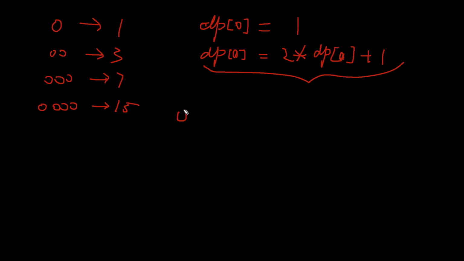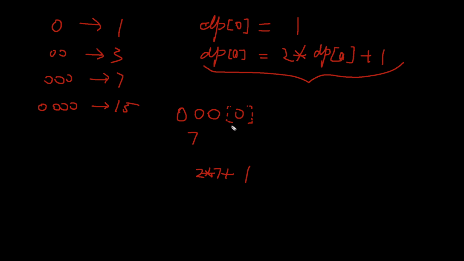It means that let's say we have 3 zeros, and then we're adding the fourth 0 here. So for 3 we have 7 ways in total, but by adding one more zero, what's the new total number of subsequences? It's going to be 2 times 7 plus 1.